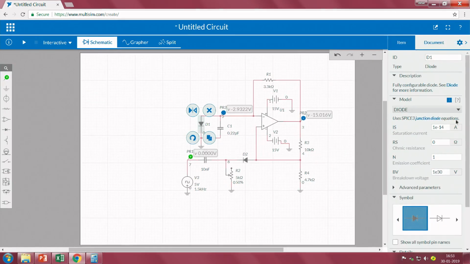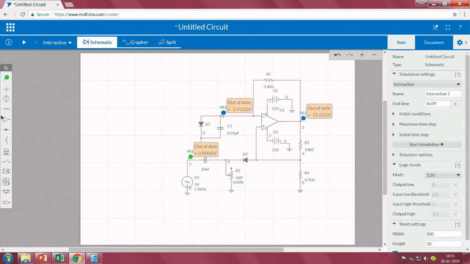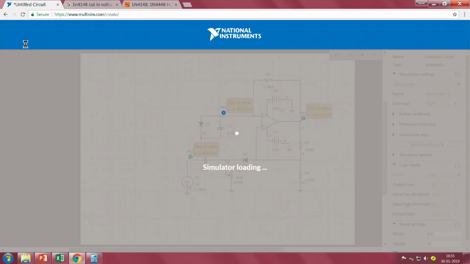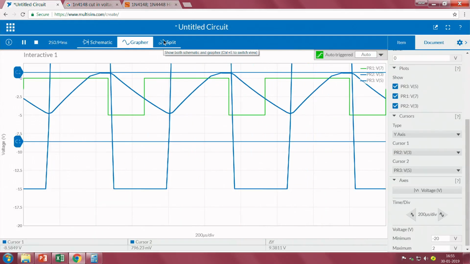When I look into the characteristics of the diode, the junction potential is showing as 1 volt. Let me change it to 0.7 volt, which is realistic for 4007. Now the capacitor maximum voltage will only go to 0.7 volt. Here we can see.